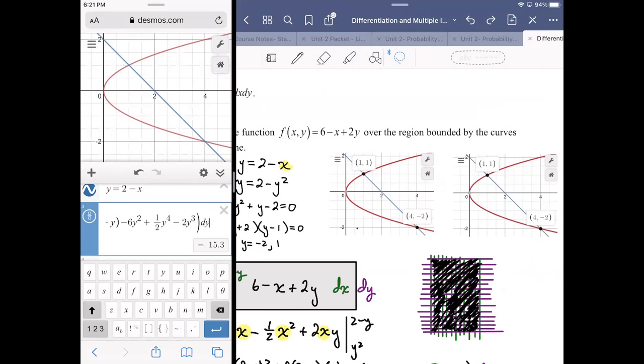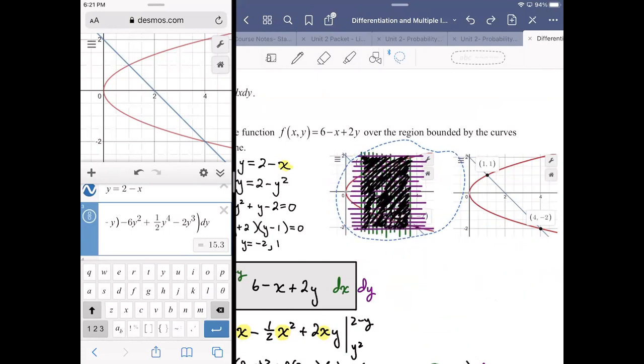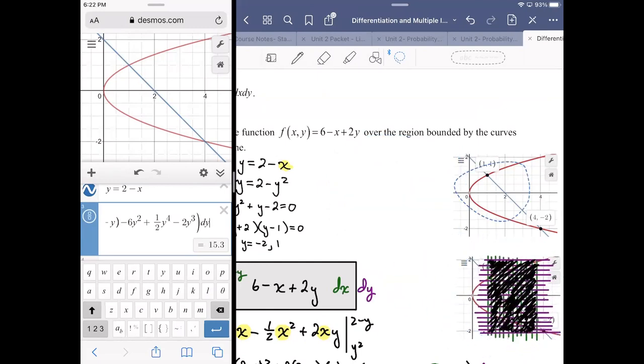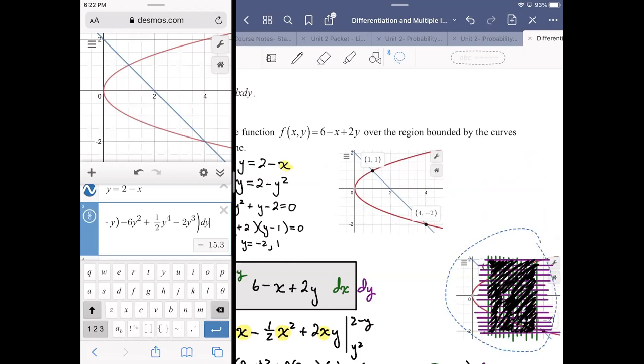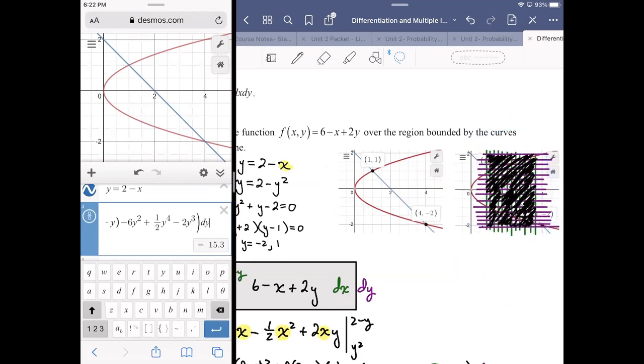How do I make that happen? All right, that took a little bit more doing than I needed.